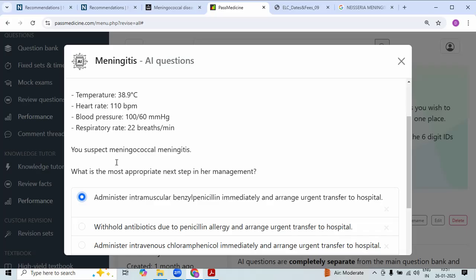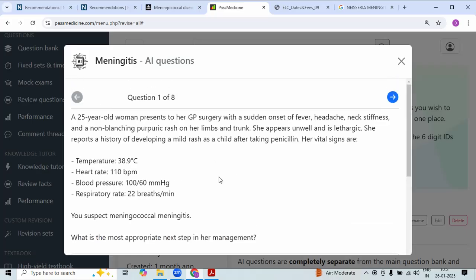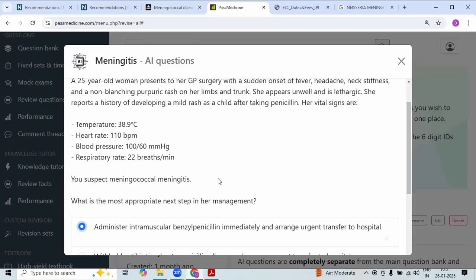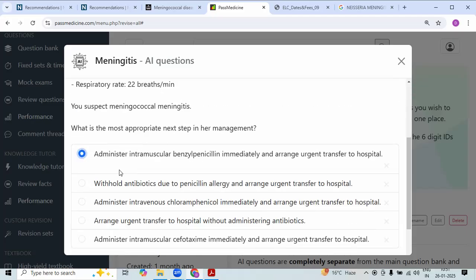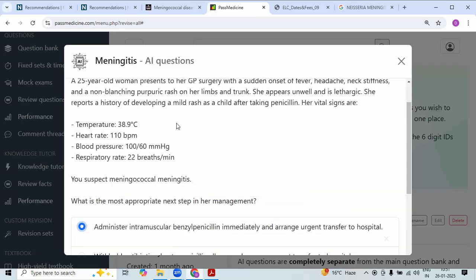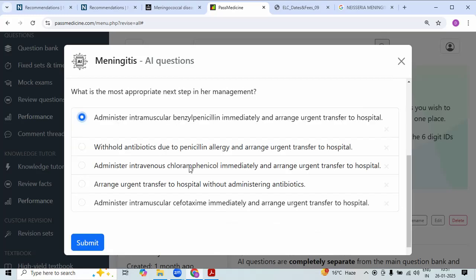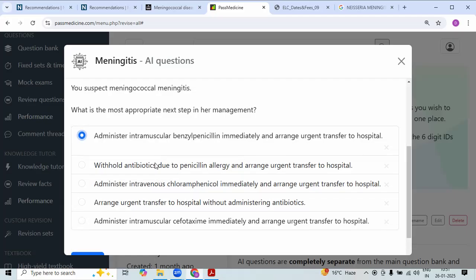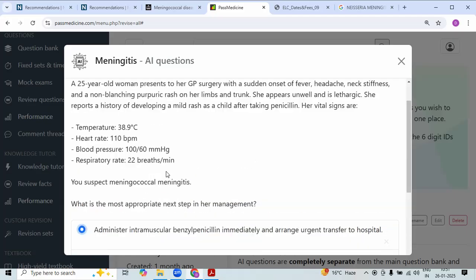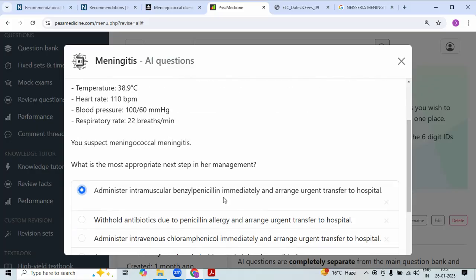I'll tell you one thing, you don't have that much time here, because if you can't do it within 1 or 2 hours, then you might as well give the medicine and then transfer. Now, since the patient has got mild rash and in child, this is a deflector, so that you will answer this. However, in this case, benzyl penicillin will be the best treatment.